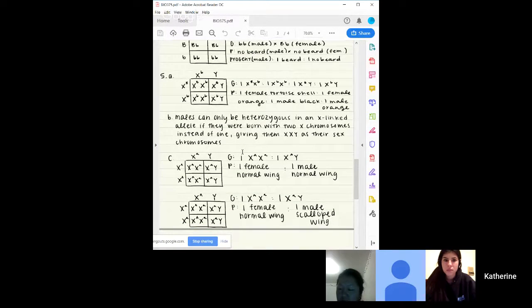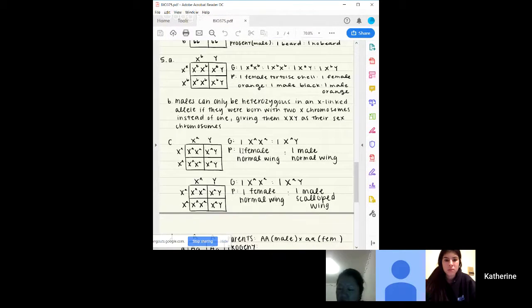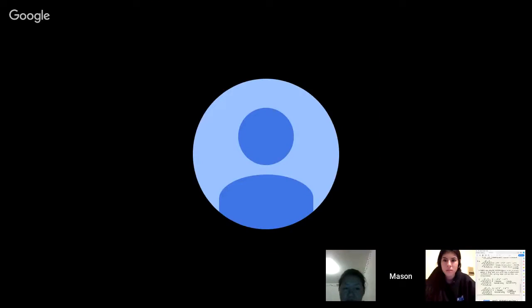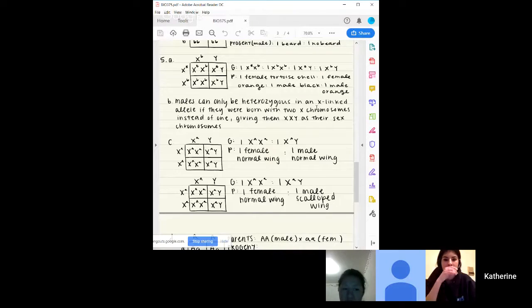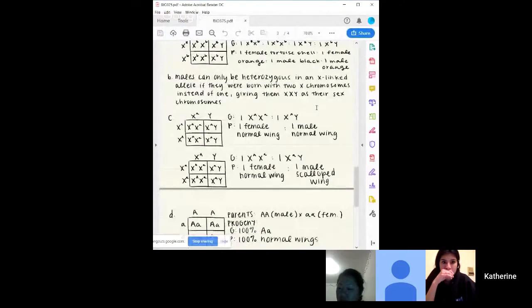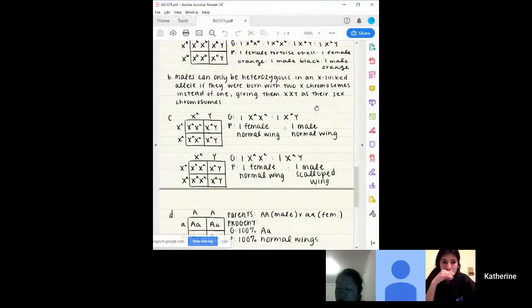I explained it better on my paper, in the Word document, but basically the male has an extra X chromosome. And one would be dominant and one would be recessive. And then they'd have a Y chromosome as well. Does that make sense?